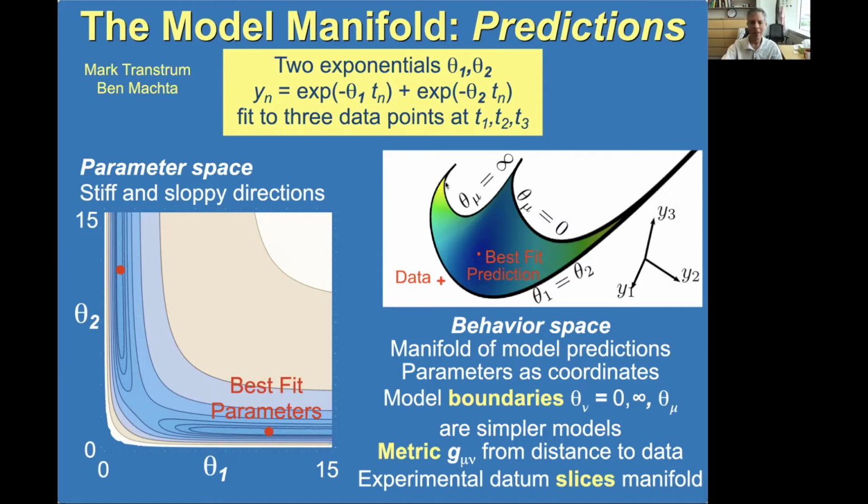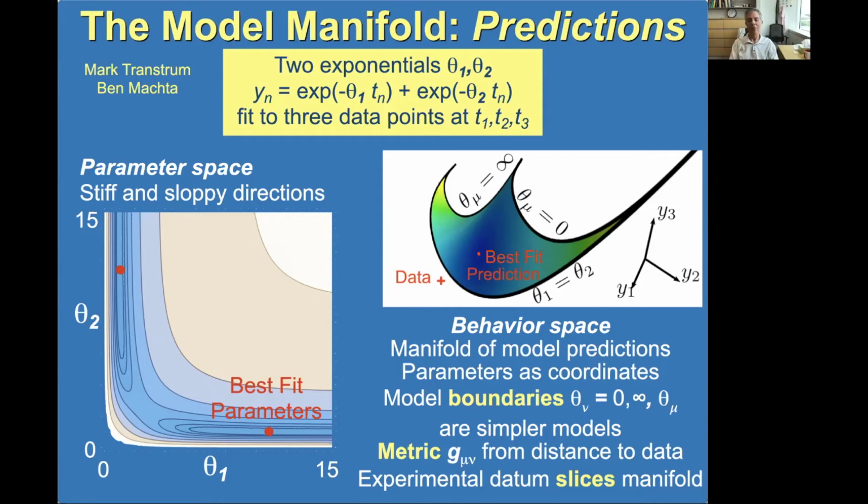And as I take the parameters to infinity or to 0, I get finite values. So there are edges of the model manifold where one of the parameters hits infinity, one of the parameters hits 0, or the parameters happen to be equal. So in behavior space, you have a high dimensional manifold in a very high dimensional space.